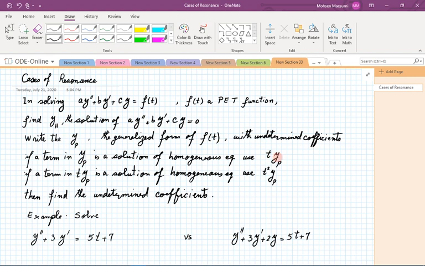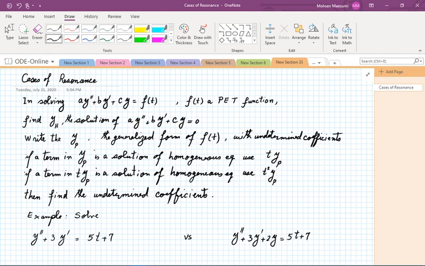If this also has the same problem, that the term here is a solution of the homogeneous equation, then we have to multiply by another factor of T and then consider that. Might look a little bit confusing, so let's go ahead and consider several examples and see what the situation means.